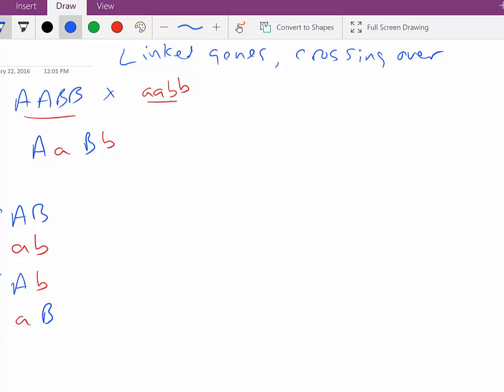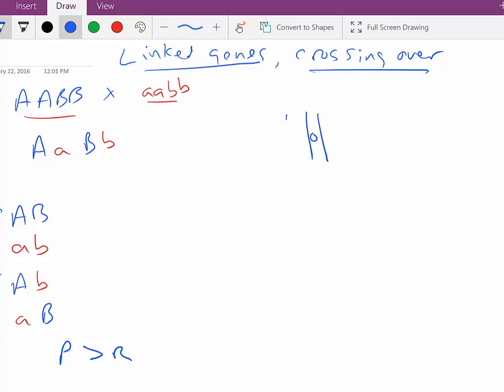So now our recombinants are not due to independent assortment, because the genes are linked, they're on the same chromosome, and we're getting crossing over. So what that means is that the parentals are going to be greater than the recombinants, because getting the recombinants is not as likely as getting the parentals, and I'll show you why. The reason is because the genes are on the same chromosome.